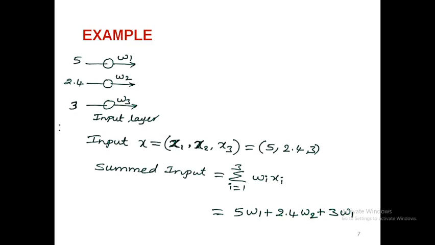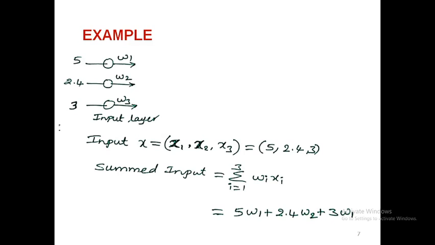Hence the summed input is nothing but the summation of i equal to 1 to 3, Wi into xi. Then it becomes 5 W1, because the corresponding weights are W1, W2, W3 and the corresponding inputs are 5, 2.4, 3.